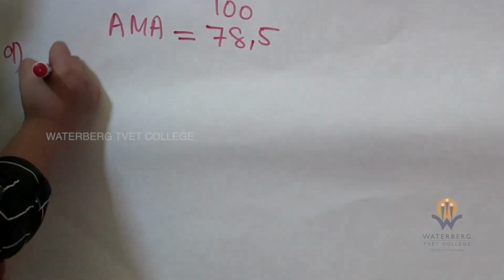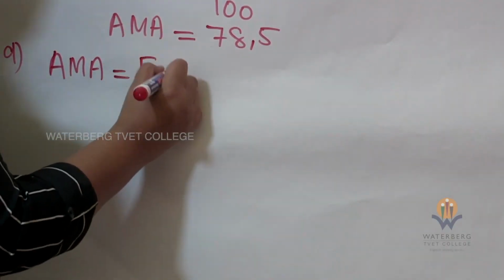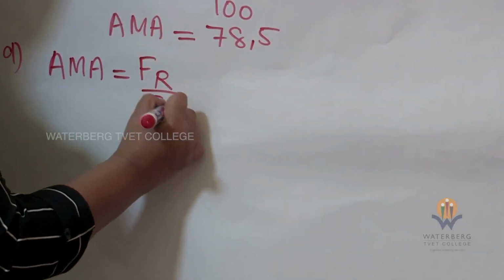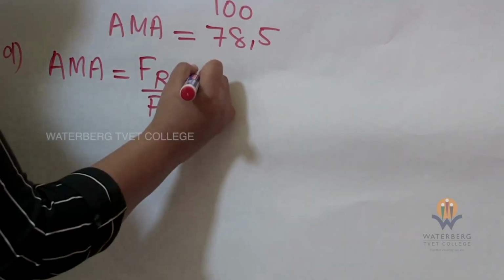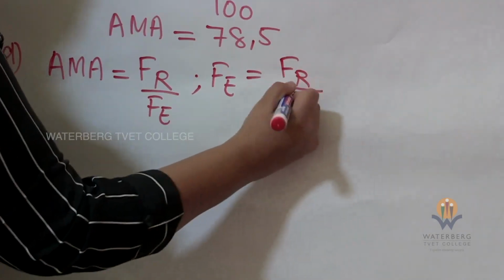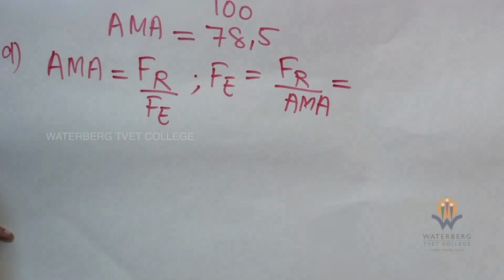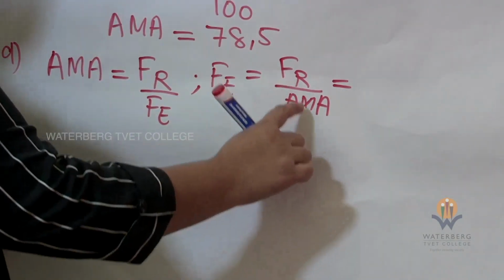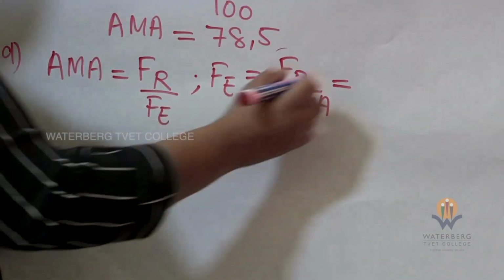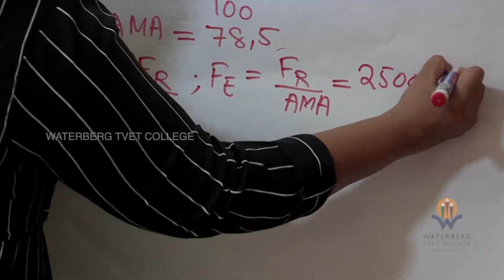Next, we want to calculate the minimum effort. Actual mechanical advantage is Fr over Fe. From there we can say Fe equals Fr over actual mechanical advantage. So we substitute the values: Fr, the mass of the object, is given, which is 2500 times 9.8.